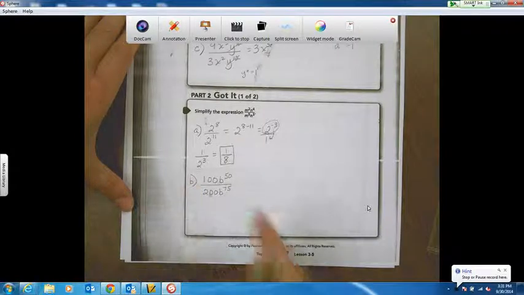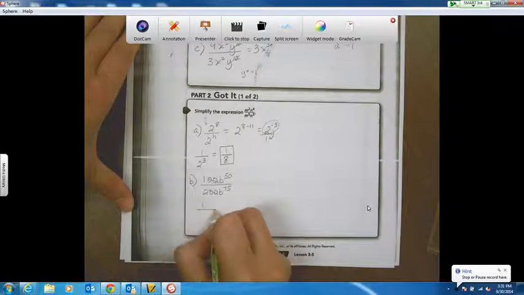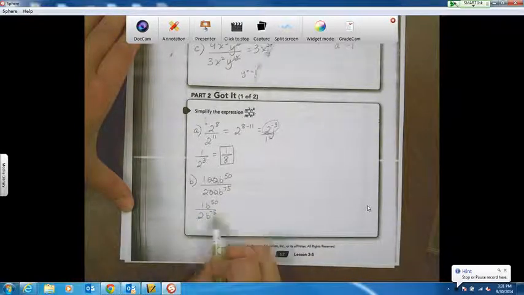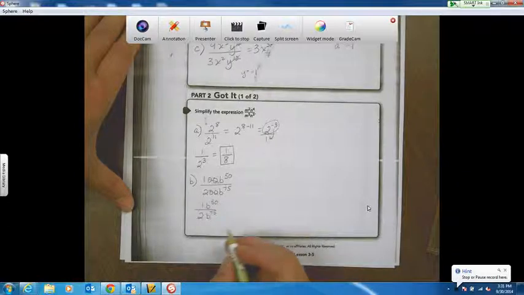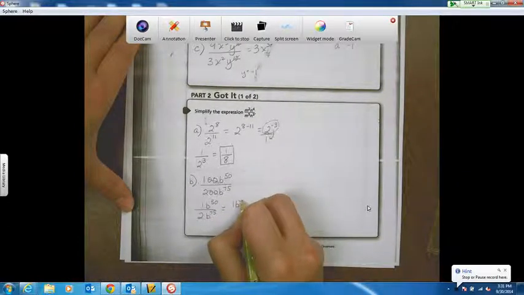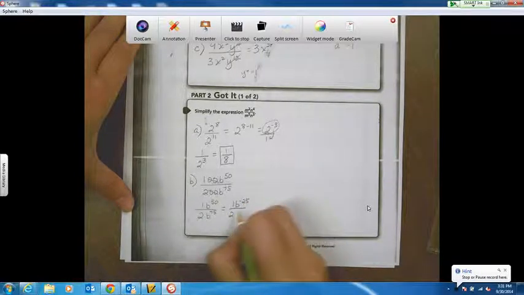So basically I'm knocking off the zeros here, and I get 1 over 2, and I still have B to the 50, B to the 75. Because these have the same base, they both have B, I can subtract my exponent, so I'm going to do 50 minus 75, which is negative 25. Okay, so now I have 1B to the negative 25 over 2, just over 2.